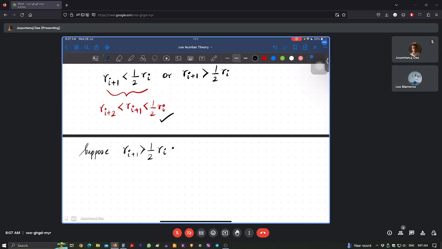So now I know that Ri plus 1 is less than Ri, because the sequence is decreasing.